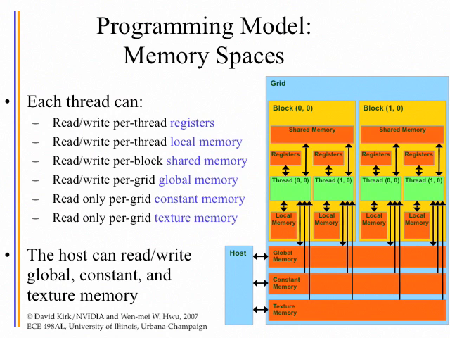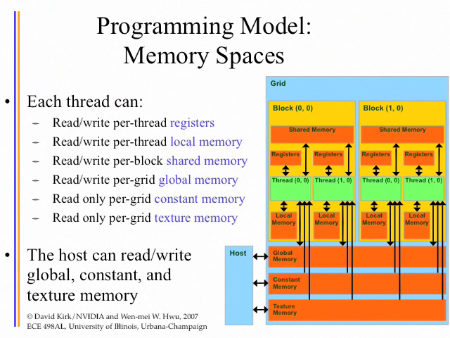In the current generations, local memory is actually in DRAM. It's called local memory, but it's not local at all. It's very far away. It's local in the sense that it can only be accessed by the thread, but it can only be accessed in a very, very slow way. Don't be surprised. So avoid this at all costs.